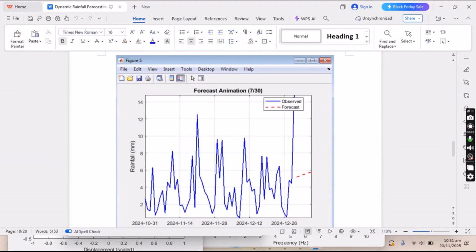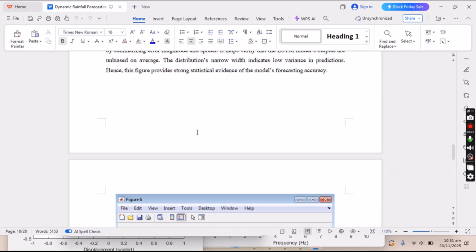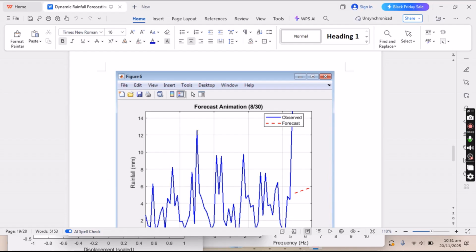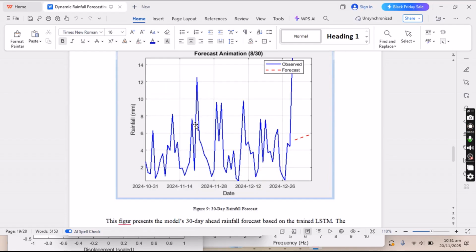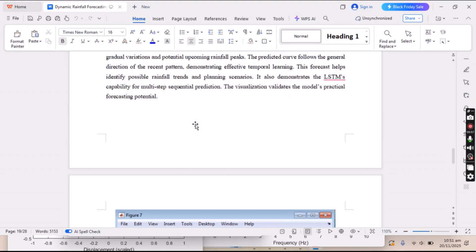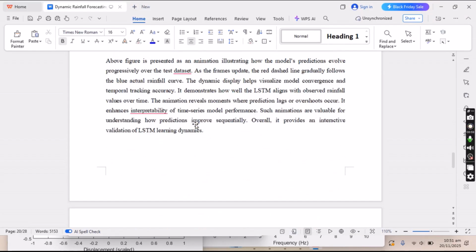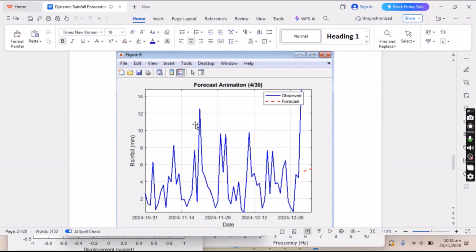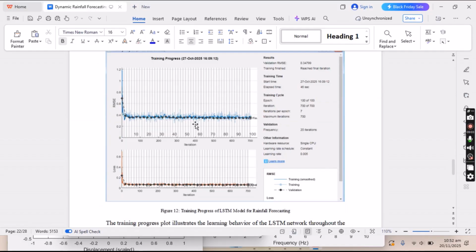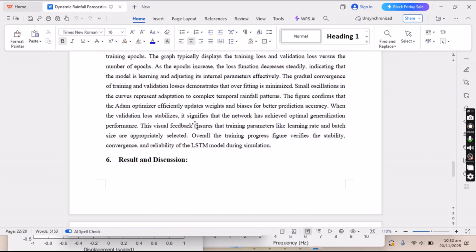The forecast animation is according to the observed and the forecasting dataset, and these are the output results of the forecast animation according to the different prediction rates. This one also shows forecasting, observation, and training progress according to the root mean square errors.